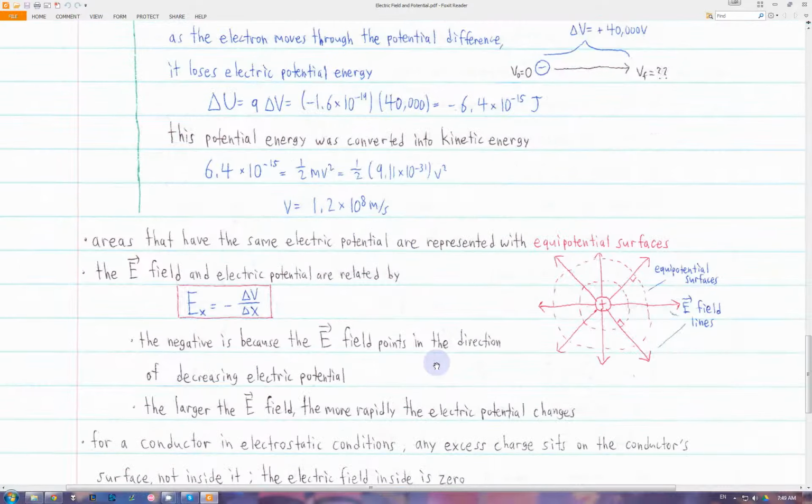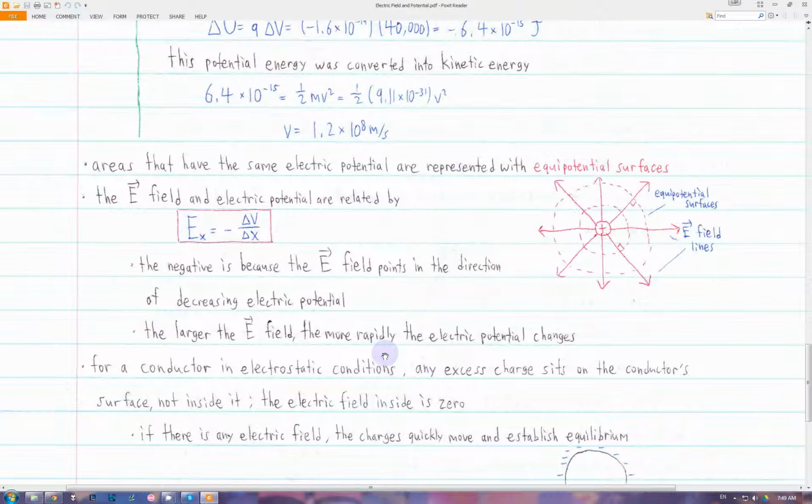So just like how we used E-field lines to represent the electric field, we use equipotential surfaces to represent the electric potential in a region. So there are these dotted circles, and in each of these equipotential surfaces, the electric potential has the same value. So at every point along this circle, the potential is the same, because it's the same distance from the source charge.